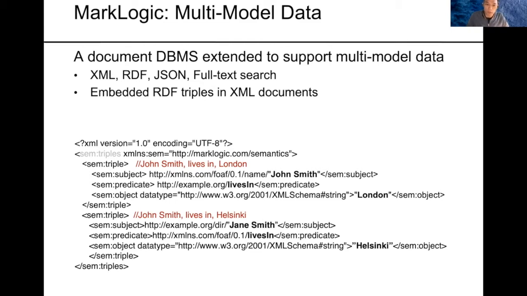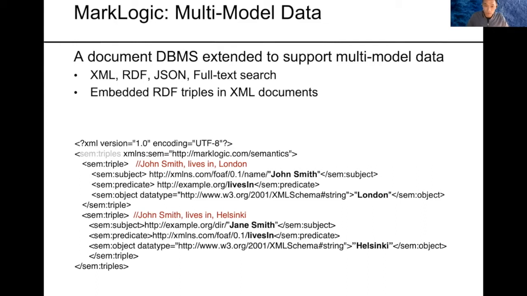It allows embedding RDF triples in XML documents. Below is an example of embedding two triples into XML files. The first is John Smith lives in London. The second is John Smith lives in Helsinki.